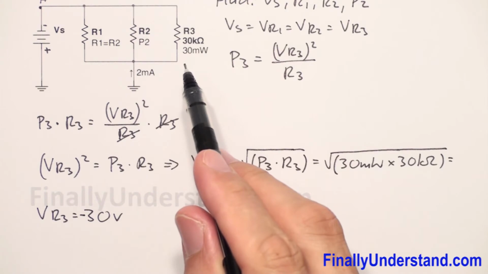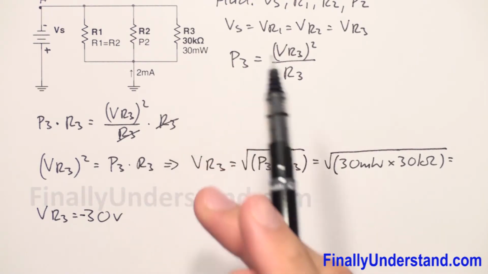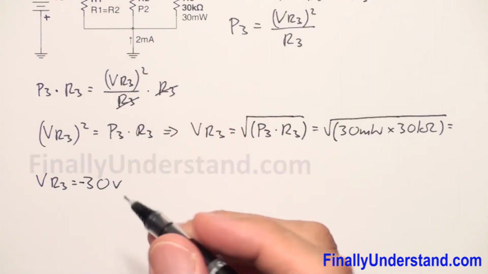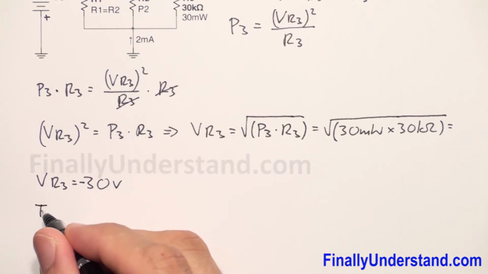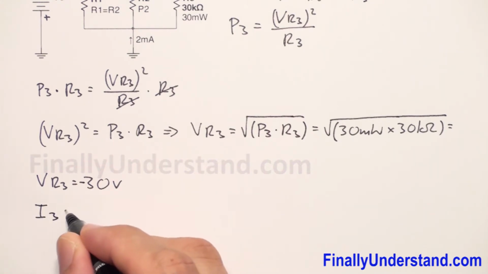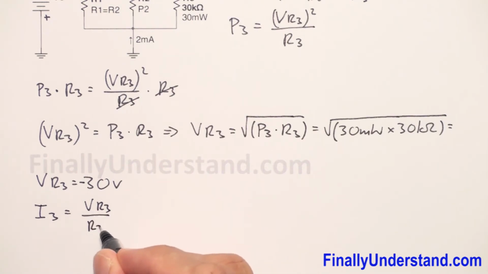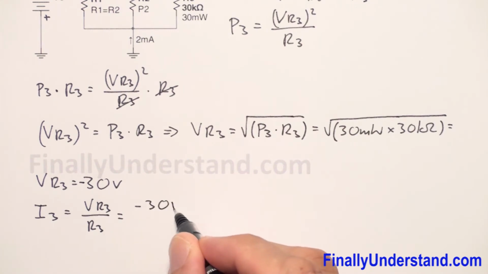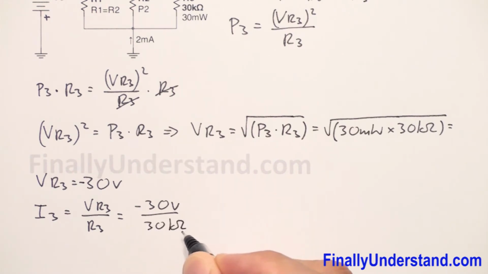If we have the voltage, we can find the current which goes over here, right? For the current in this circuit, we are going to use Ohm's law. So we have I3 equal to VR3 over R3, which is equal to VR3, negative 30 volts, divided by R3, which is 30 kilo ohms.